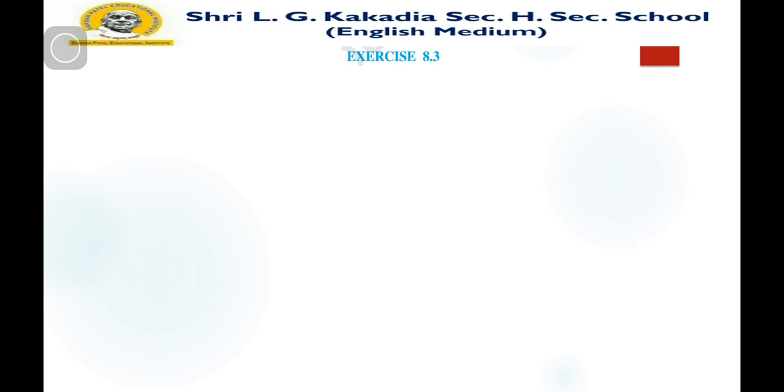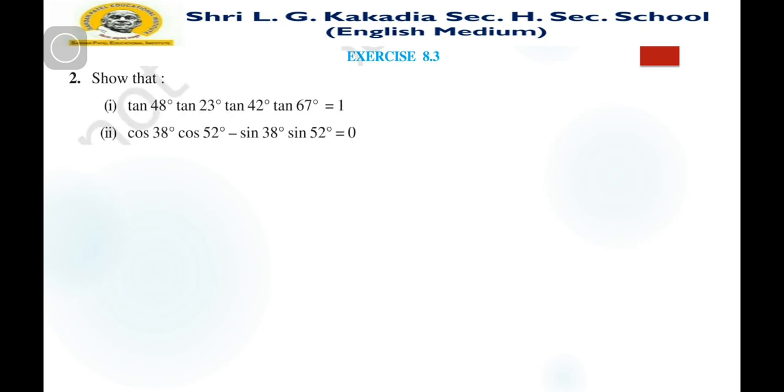Now let us do exercise number 8.3. Show that tan 48 degree, tan 23 degree, tan 42 degree and tan 67 degree is equal to 1.